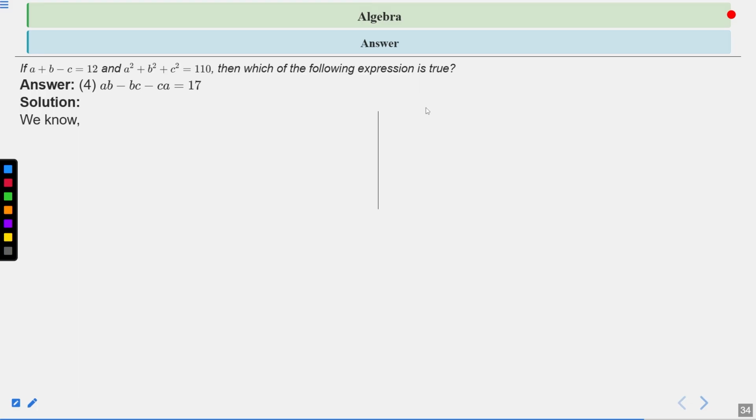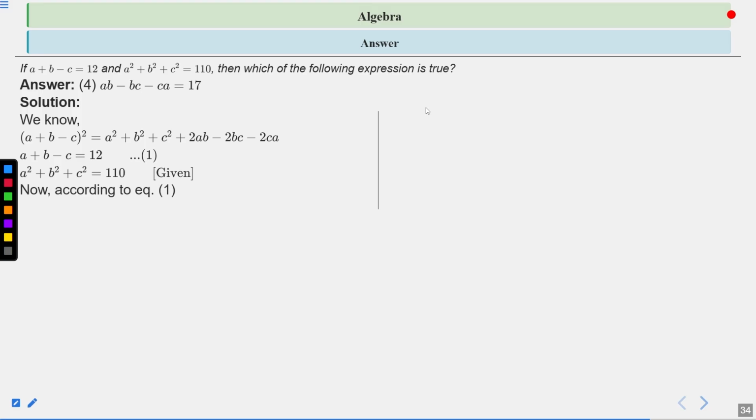We know that a plus b minus c whole square is a square plus b square plus c square plus 2 times ab minus 2 times bc minus 2 times ac. So a plus b minus c is given, which is 12. This is our equation 1, so we can put it. We also have the value of a square plus b square plus c square, which is 110.